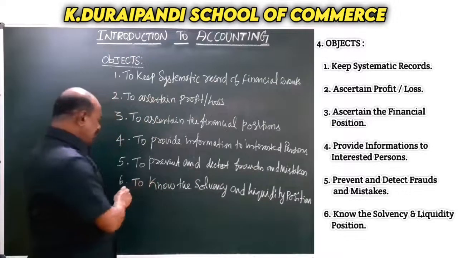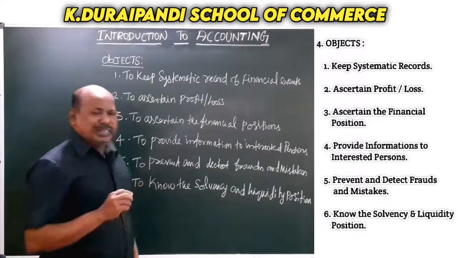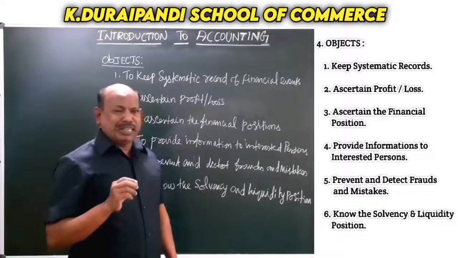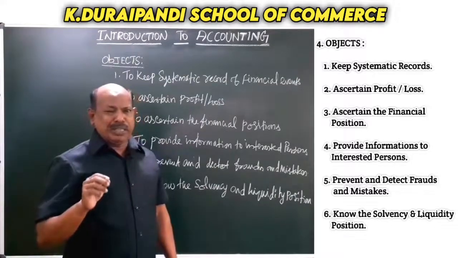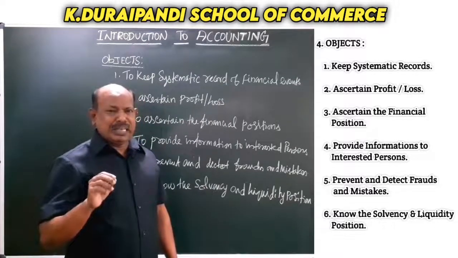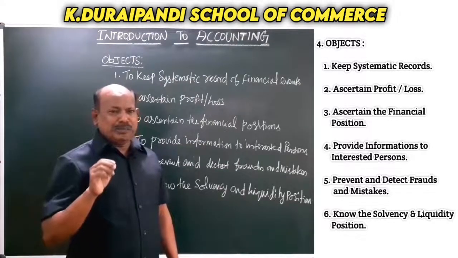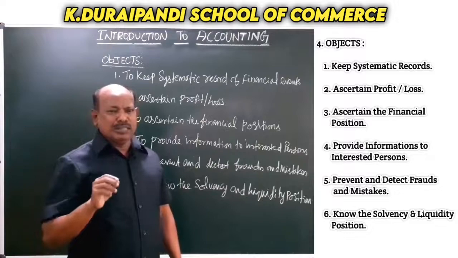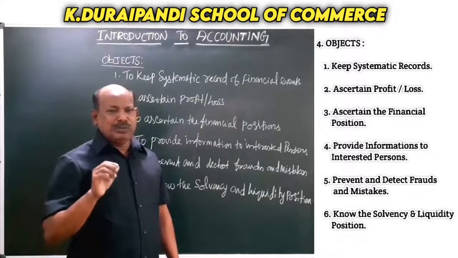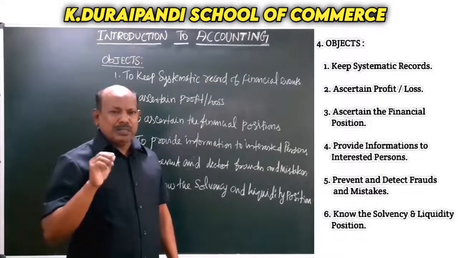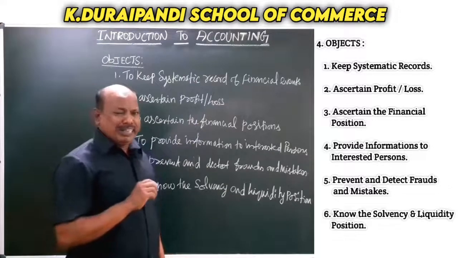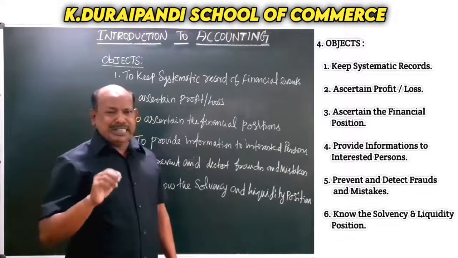The next object is to know the solvency as well as the liquidity position of your business concern or business undertaking. The solvency position means the net worth, the net assets available to the owner or the proprietor. Like that, solvency is net worth.